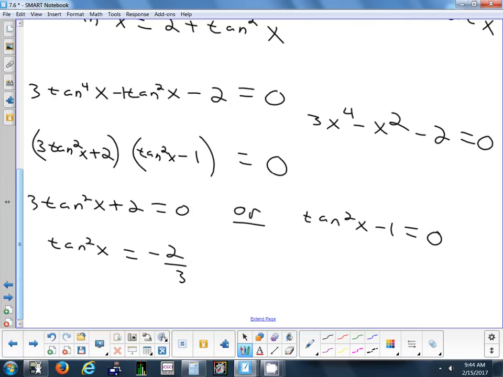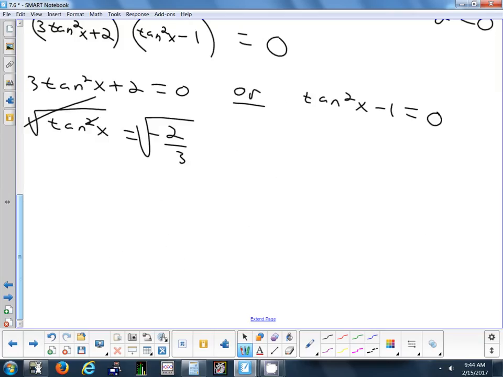And now what would your next step be? Not yet, because you don't have the tangent function by itself. It's already squared. So what's square root? What's going to happen if I take the square root on both sides? I mean, this would cancel. What's the square root of negative 2/3? It's no solution. That's imaginary. Okay, so because you have the square root of a negative, we can stop with that part. That's why I said the negative was important.